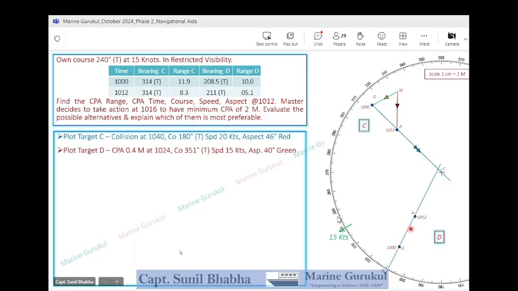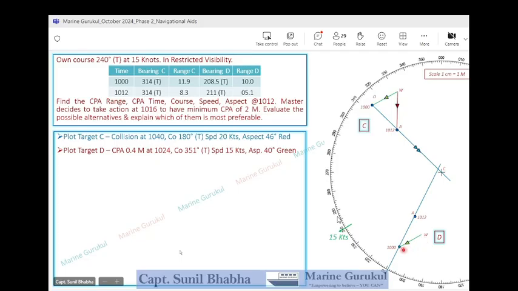Now we join Oscar to Alpha and extend this line. The Oscar to Alpha line extended gives us the relative line of approach. Now from point Oscar, we mark our own ship course and distance in the reciprocal direction, in the reverse direction. You can see the green color vector coming up. The free end of the vector is named as W, Whiskey.